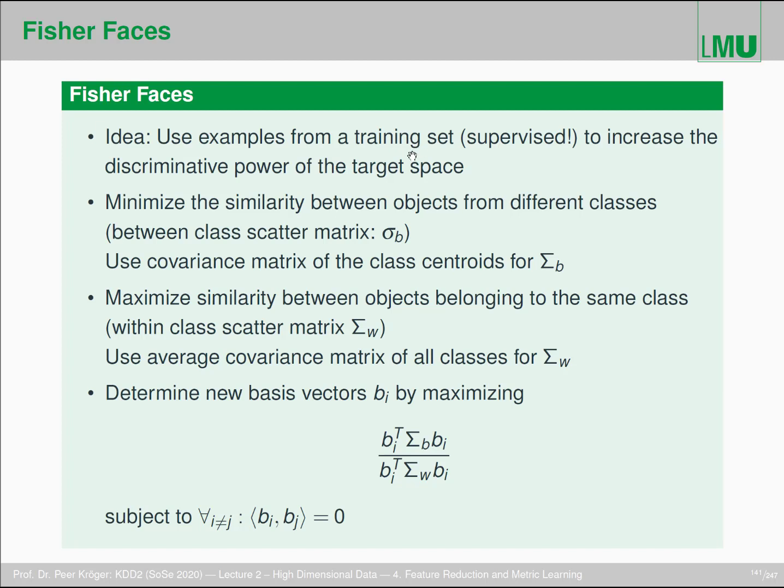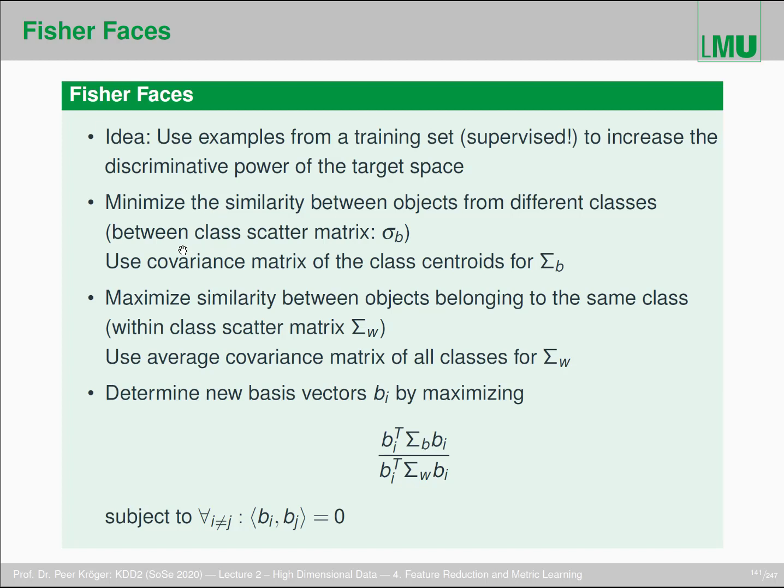Yeah, and for that purpose, you try to increase the discriminative power of your target space, of your feature space. Well, you want to find a feature space where the similarity between objects from different classes is minimized. Yeah, or in other words, the distance between objects from different classes is maximized.